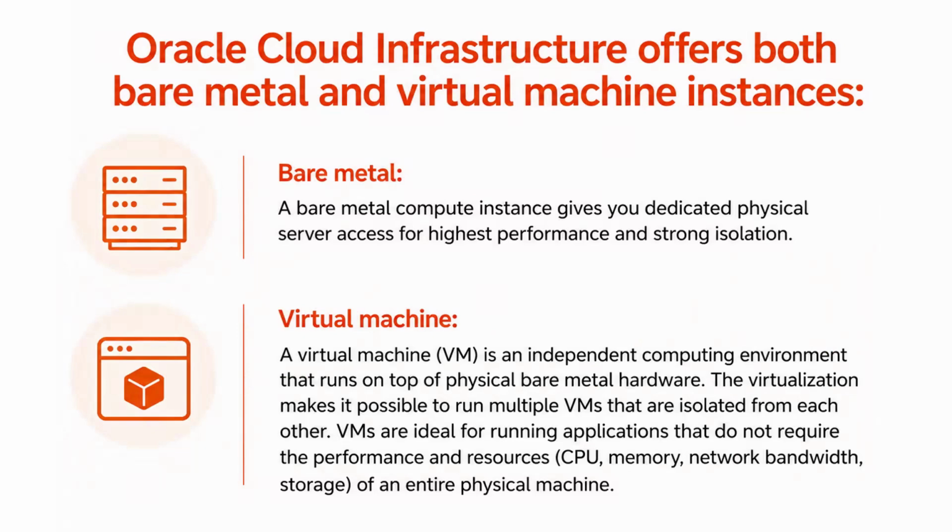So OCI offers two types of virtual machines, bare metal and virtual machine. These are the two compute types. Bare metal means that you get dedicated physical server access for the highest performance and strong isolation.